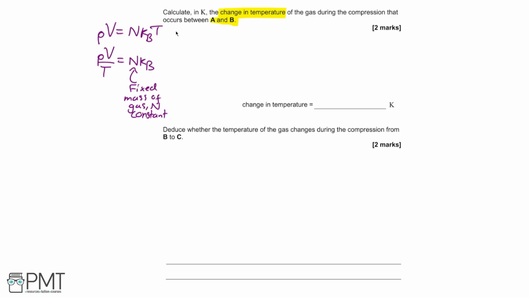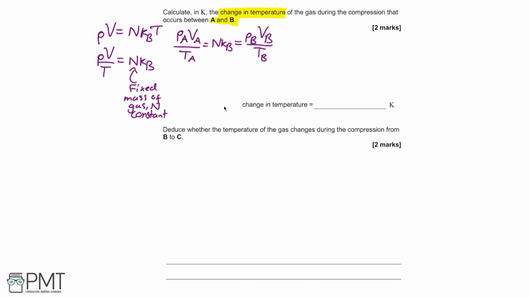In other words, if I give quantities at A a subscript A and quantities at B a subscript B, then I have PA VA divided by TA is equal to N kB, which is a constant because this is a constant number of gas molecules multiplied by Boltzmann's constant, kB, which is a constant, which is equal to PB times VB divided by TB. So therefore, I can extract information about the temperature at B using just the pressure at B, the volume at B, and the other quantities that I know.